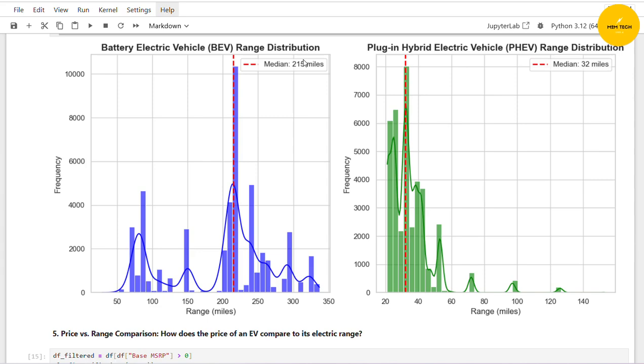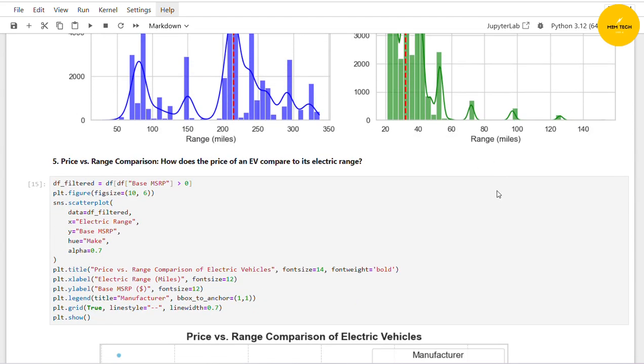This also reflects the focus on full electrification and advancements in battery technology, while plug-in hybrid electric vehicles have a median range of 32 miles, significantly lower than BEVs. This highlights that PHEVs rely primarily on gasoline for extended travel, with electric power serving as a supplementary option.